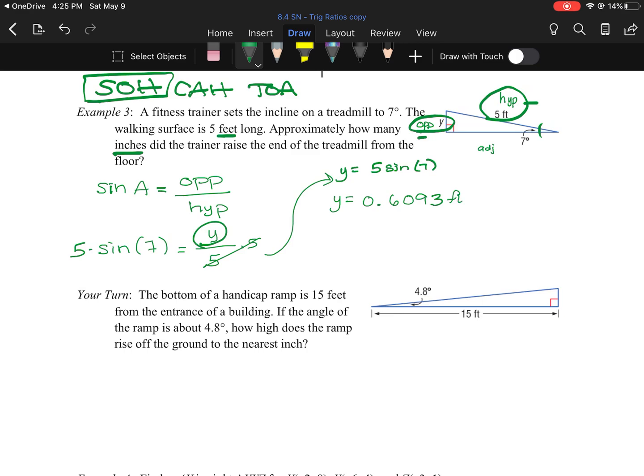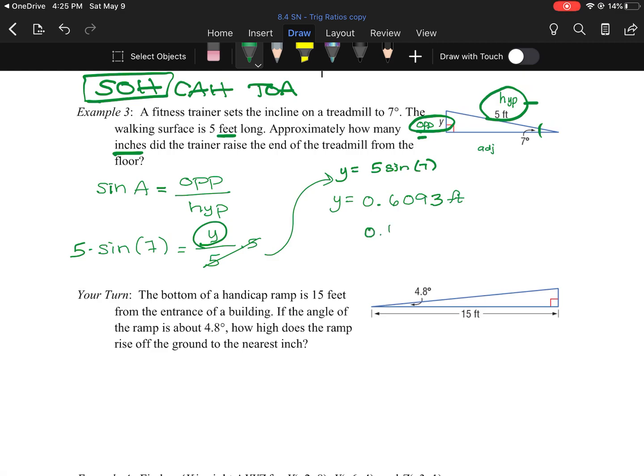Now we need to remember that is in feet. That shows me that's just a little over half a foot, because half a foot would be 0.5, but they wanted it in inches. So about how many inches is that?